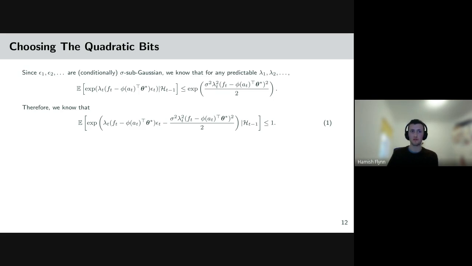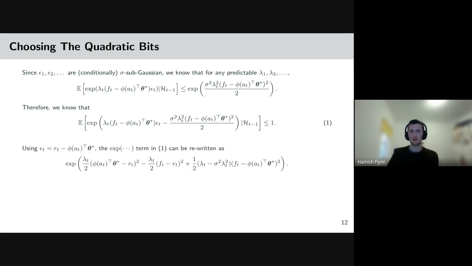And if we want to get something that's quadratic in f_t and phi of a_t times theta star, then we also need to choose something which is linear in f_t and phi of a_t times theta star. So actually the only free parameter left is this scaling factor lambda_t.